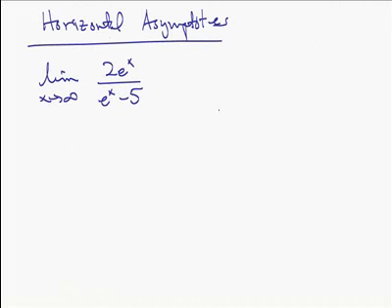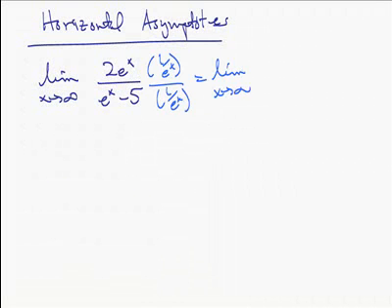What I'm going to do here, instead of dividing by x, is multiply both top and bottom by 1 over e to the x. What do we get then? We get the limit as x approaches positive infinity. Here we're going to have just 2, and here, if we distribute this through, we're going to have 1 minus 5 over e to the x.